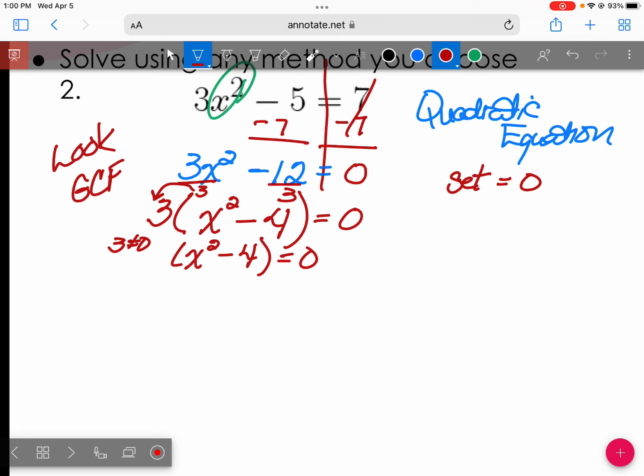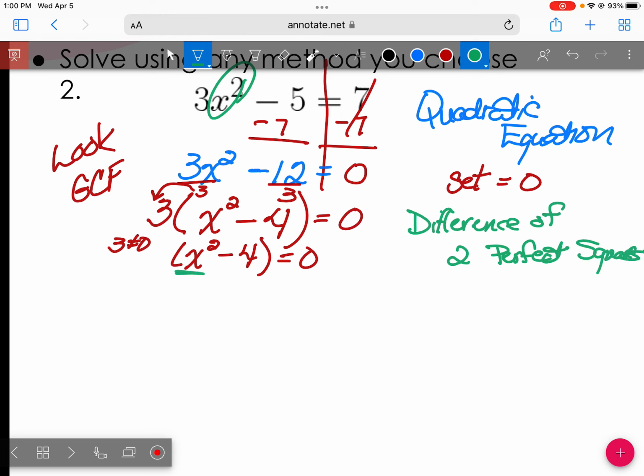It's called a difference of two squares. Does anybody remember hearing that before, now that I said that? Difference of two perfect squares. So what we're saying is x squared is a perfect square and 4 is a perfect square, and difference means we are subtracting them in between.